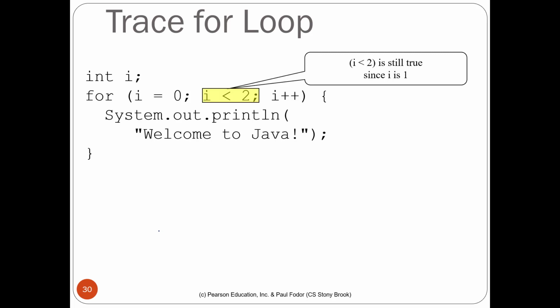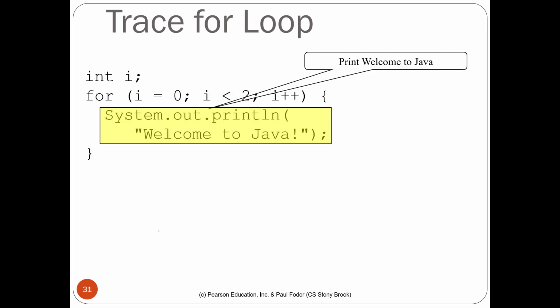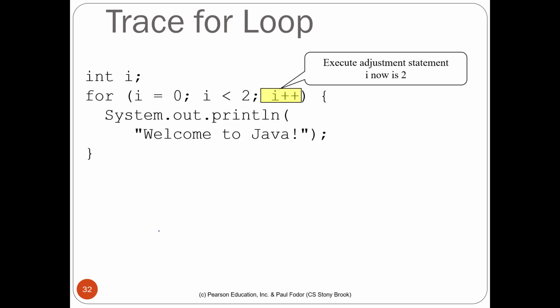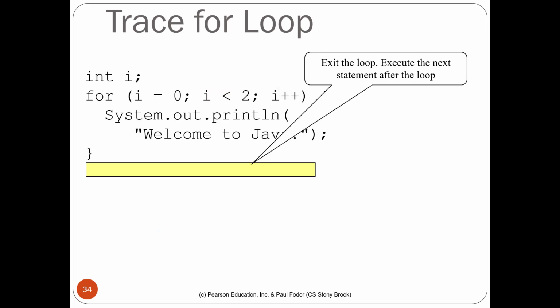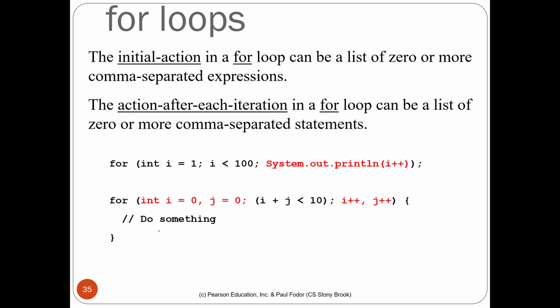The condition is true, 1 is less than 2. So we run this one more time. We print welcome to Java the second time. Back again, you increment i, now i is 2. 2 is no more less than 2, so this condition is false. It will take you out of the for loop, and we are done with the for loop.